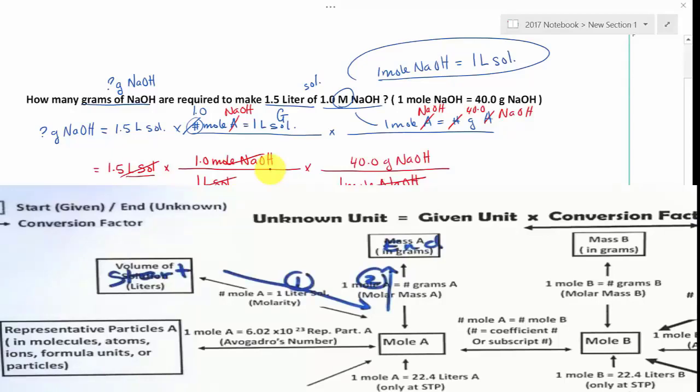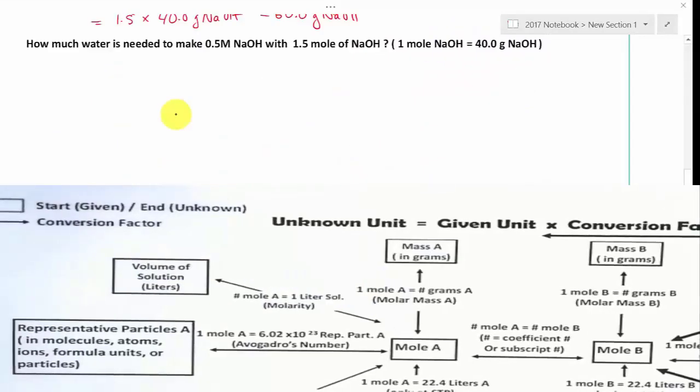So 1.5 times 40.0 gives us 60.0 grams of NaOH. So to make 1.5 liters of a 1 molarity solution of NaOH, we need exactly 60 grams of NaOH, added into 1.5 liters of water. Isn't that easy? Let's try another challenging problem.